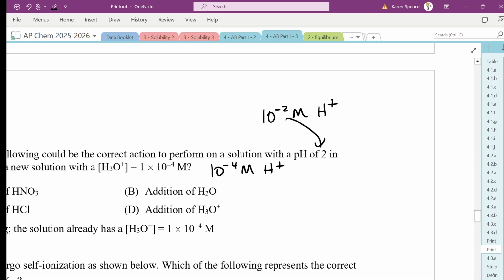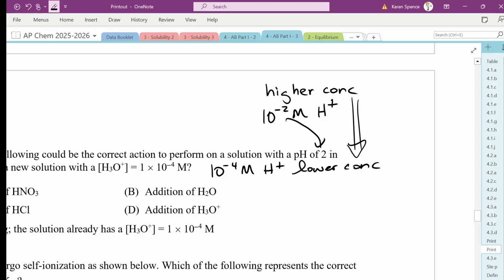So we're going from a higher concentration to a lower concentration of H plus. And so either we had to have neutralized it or we had to have diluted it. To go from a higher concentration of H to a lower concentration, you need to either dilute or neutralize.